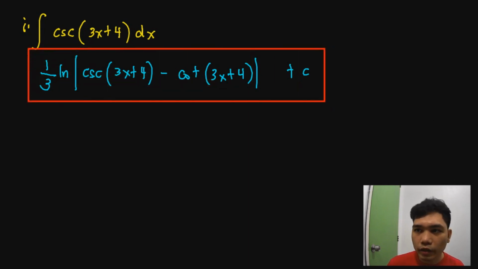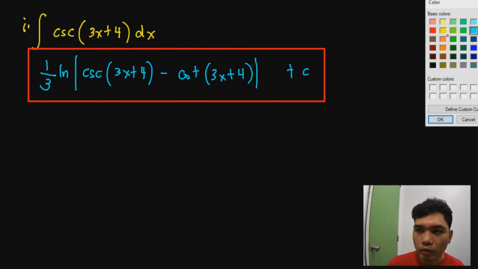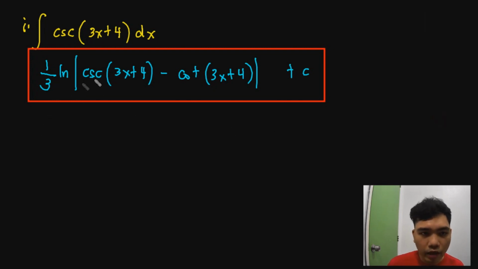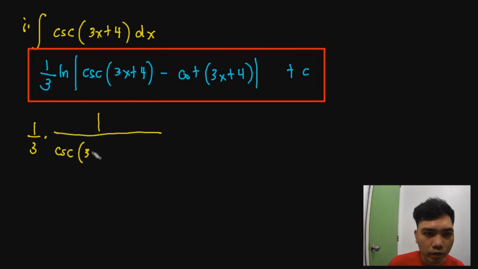Now if you're doubting that it should have 1/3, I'll show you again how we can deal with this by taking the derivative of this expression. So that's 1/3, and then this one is in the natural logarithm, so I'll be having this 1 over cosecant of 3x plus 4 minus the cotangent of 3x plus 4.